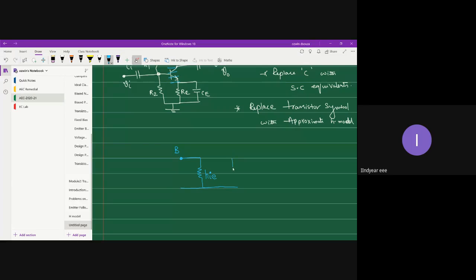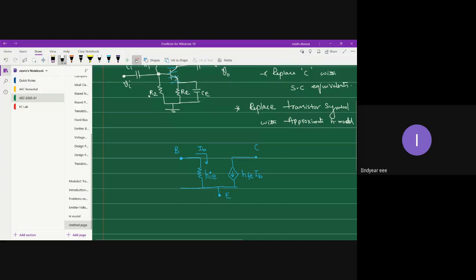Similarly, on the output side, you have a control source, right? The description of the control source is going to be HFE IB, where IB is the input current. All right, so that's your collector terminal. Okay, fine. And this is your emitter terminal. Let me keep it as it is. Let's see what to do with the emitter terminal later. Okay, so that's my transistor H model.